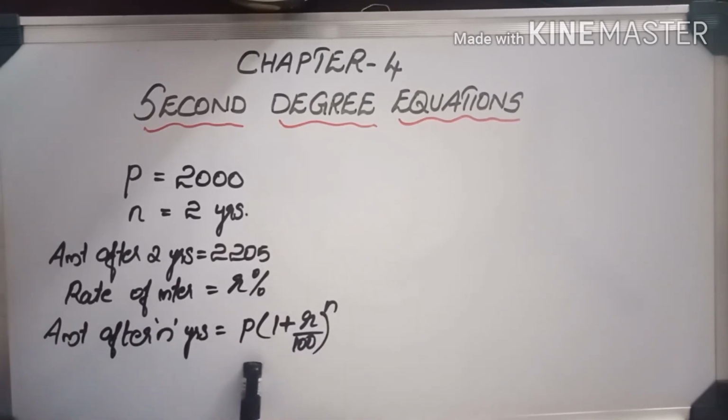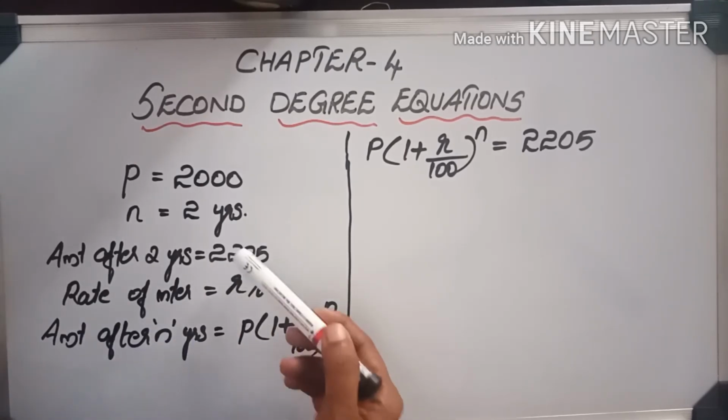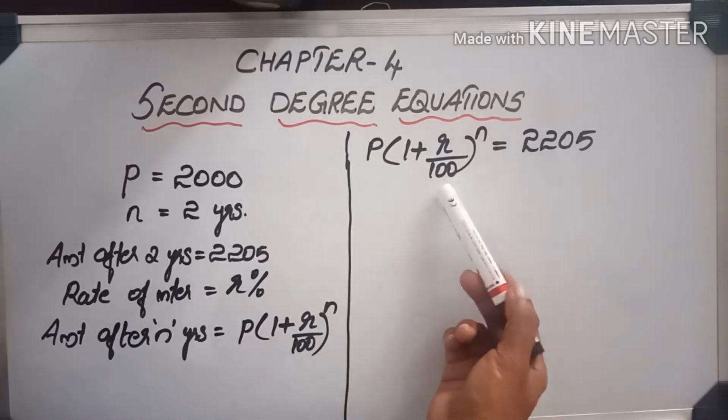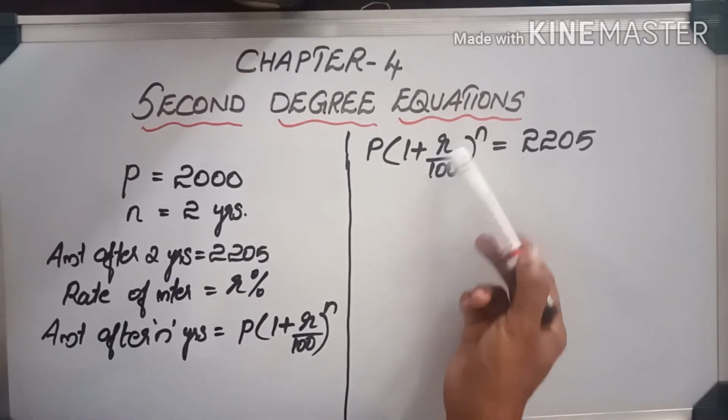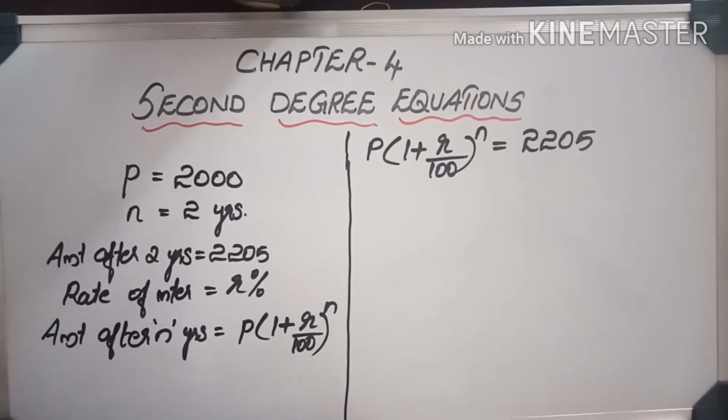Here P is the principal, R is the rate of interest, n is the number of years. Here it is given that the amount after 2 years is 2205. So by equating these two, we can find the interest rate, that is R.